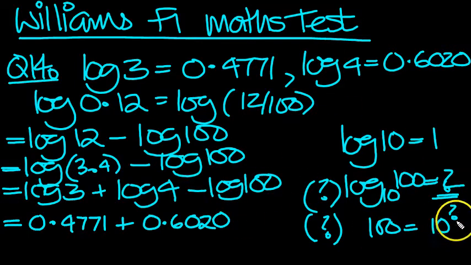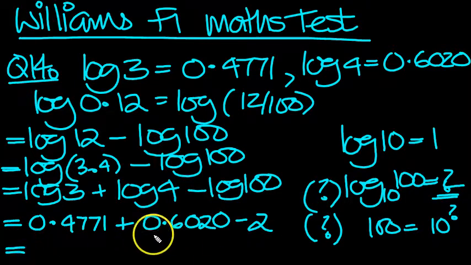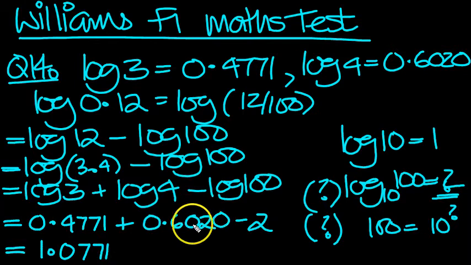And log 100, as we said before, had the value 2, so that's minus 2. So what have we got then? Well, 0.4 and 0.6 is 1, so we can just add them up in our mind's eye. That's 1.0771. But we haven't added on the 0.0020, which is here.